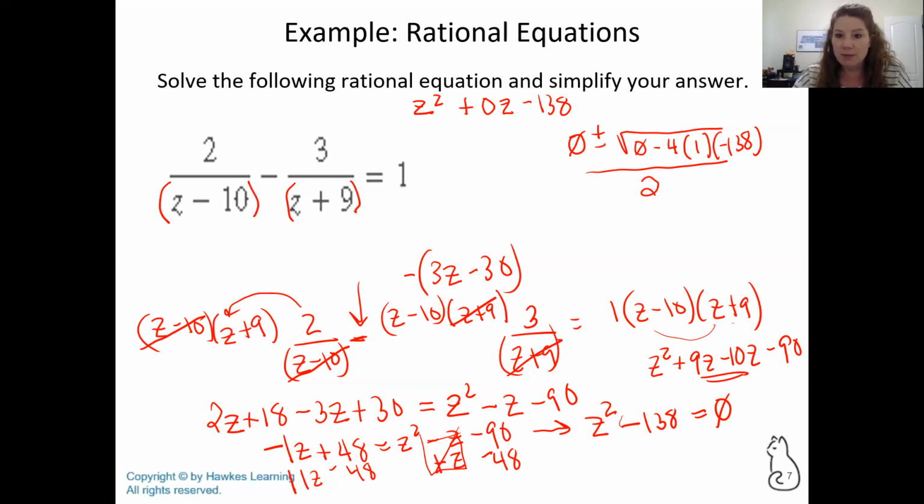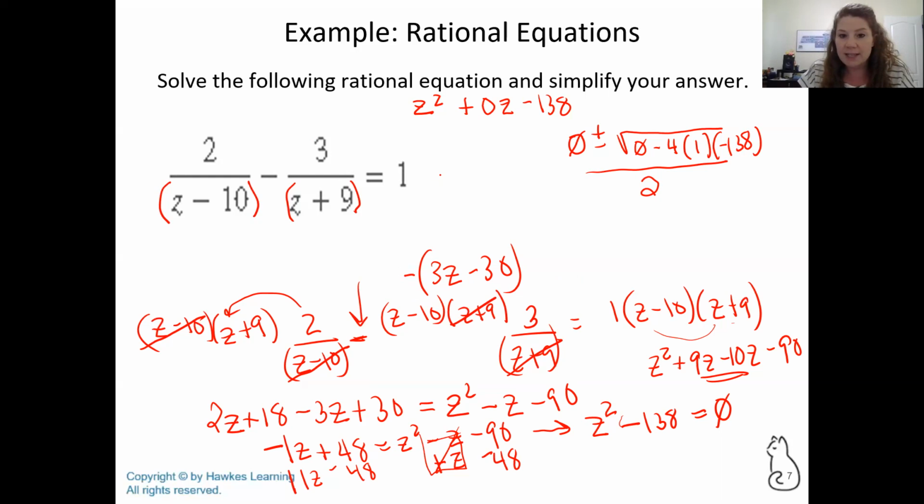All right, so in my radical, I have negative 4 times 1 times negative 138, which is 552. And then the square root of 552 is 2 square roots of 138.